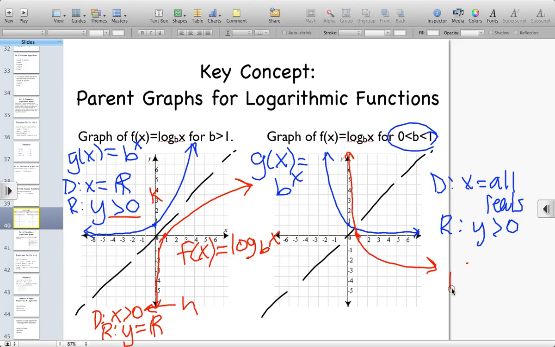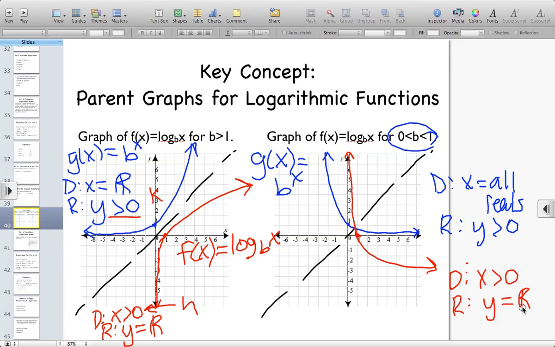So the domain, these are the x values. Notice that all of our x values are to the right of x equals 0, so x is greater than 0. And our range is all the possible y values, positive and negative infinity, so the range is all real numbers.